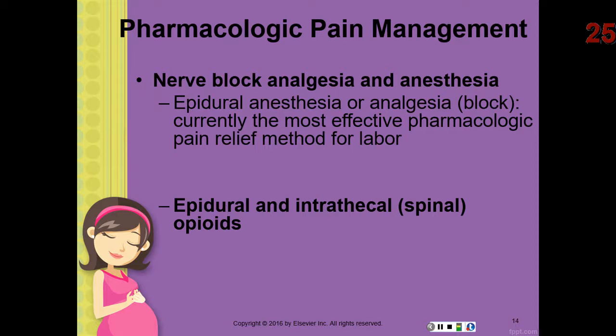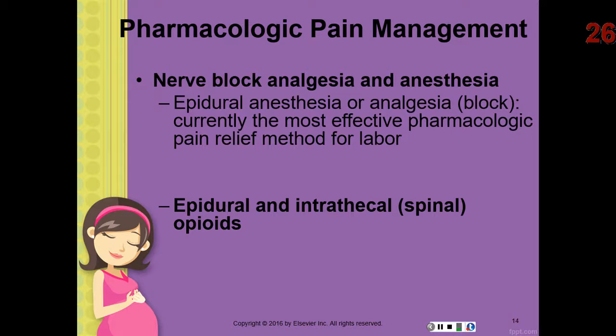Okay. Nerve block, analgesia and anesthesia. Epidural anesthesia or analgesia. It is very effective. What we do is we insert a needle into the epidural space, the one that's right before the spinal space, and they will run a little tiny catheter in that space, run it down, and then we hook it up to medication, and we're constantly giving meds into that epidural space.